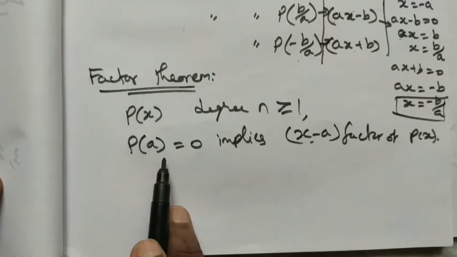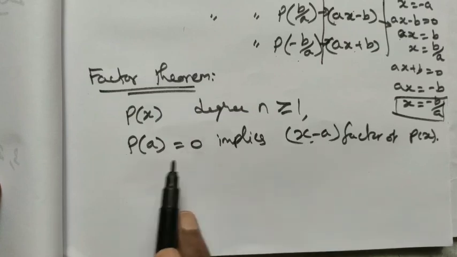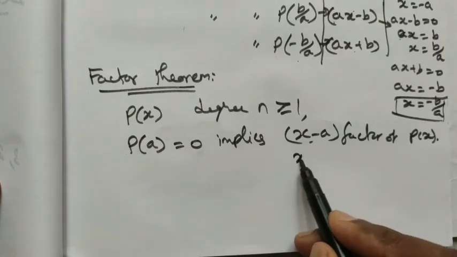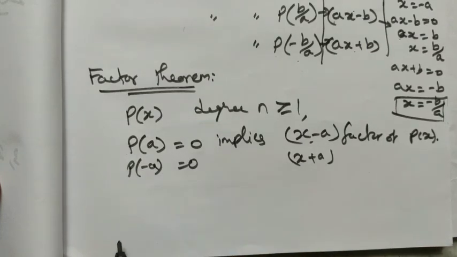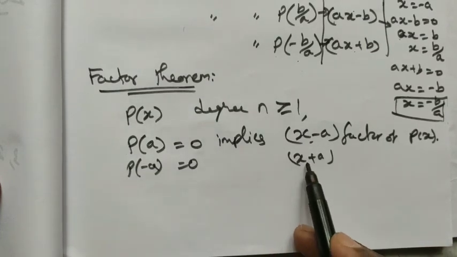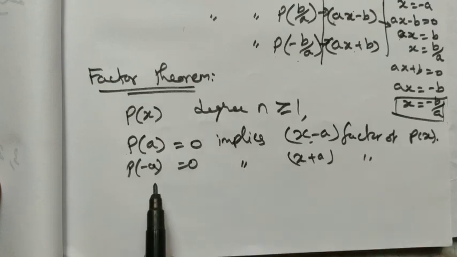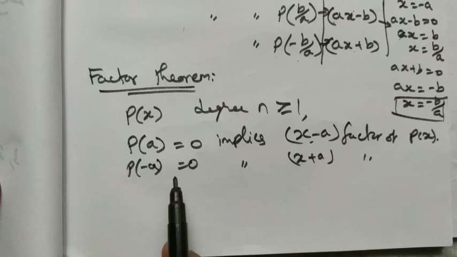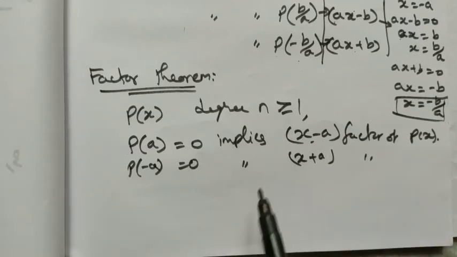Now we say that when I apply x is equal to a, this polynomial becomes 0. That is p of a is equal to 0, and for x plus a, p of minus a is equal to 0. When p of a is equal to 0, we say that x minus a is a factor of that polynomial p of x.